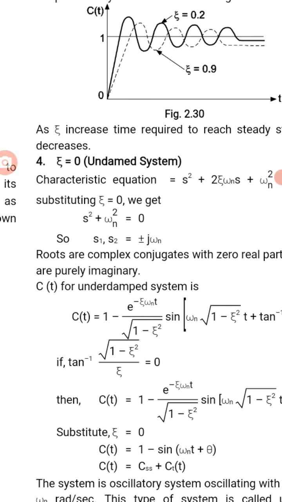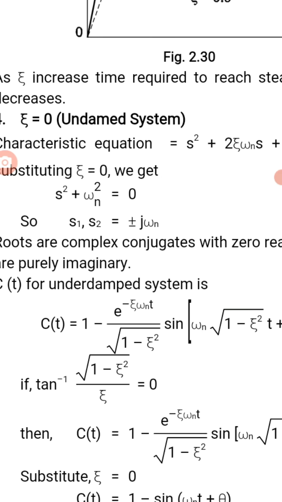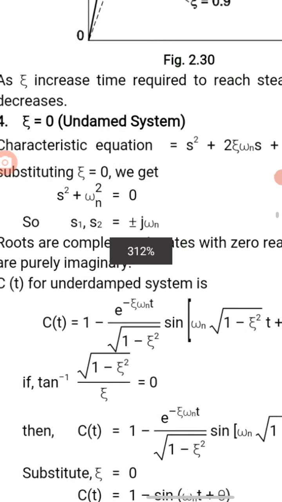Under this undamped system, the roots are purely imaginary. Complex in the sense that there will not be any real part, so it is completely an imaginary portion.